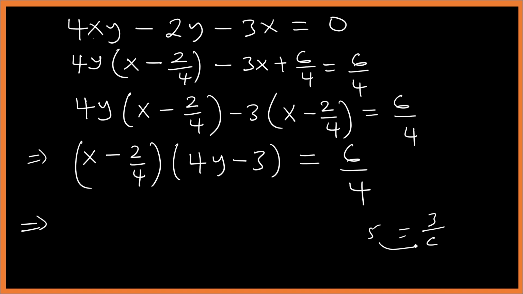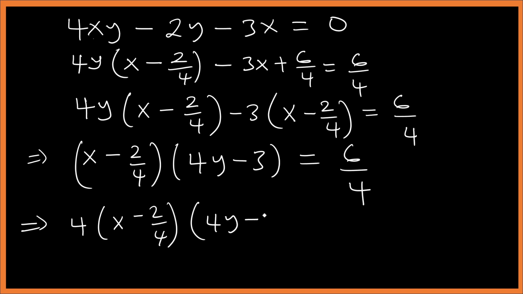So this one multiply that to get 5c equals 3. Okay, so this side will be 4 times x minus 2 on 4. We have 4y minus 3 equals 6.